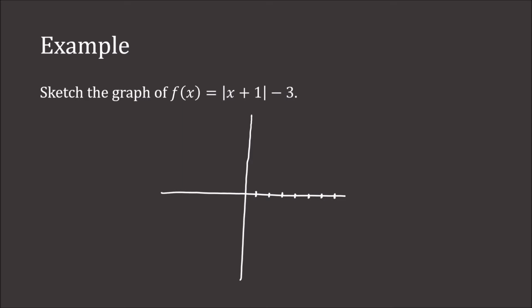All right, draw 7 tick marks in all directions. Now I'm going to start by drawing the toolkit function absolute value of x.